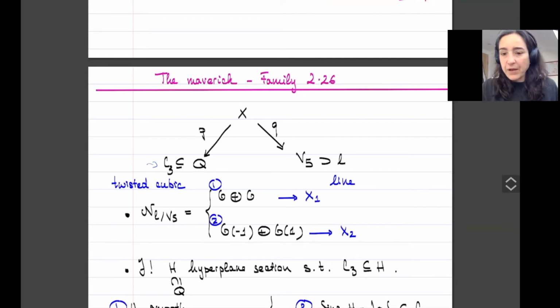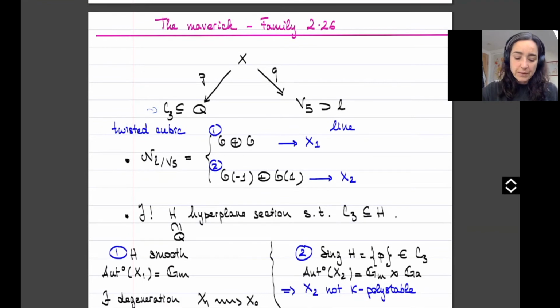And basically, if I have a line with balanced normal bundle, then the hyperplane section of this quadric on which C3 lies is smooth. It's not very hard to show that X1 has an effective G_m action.